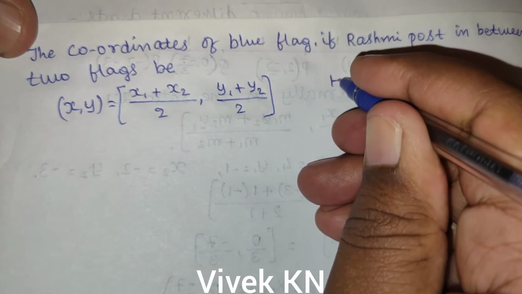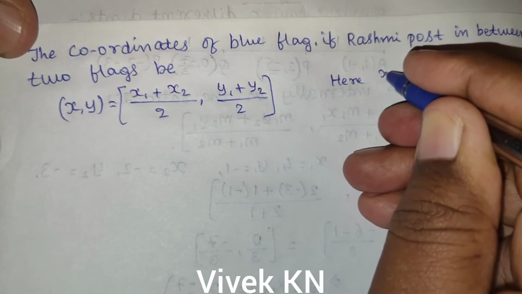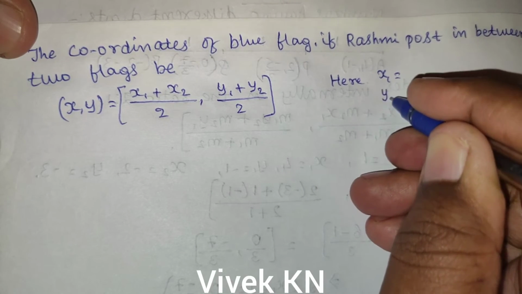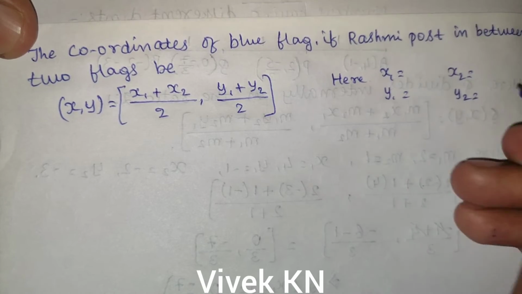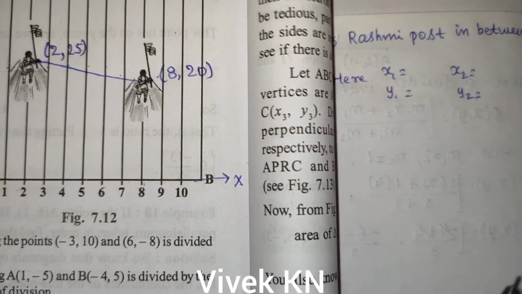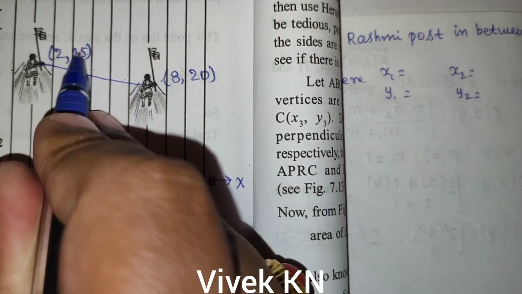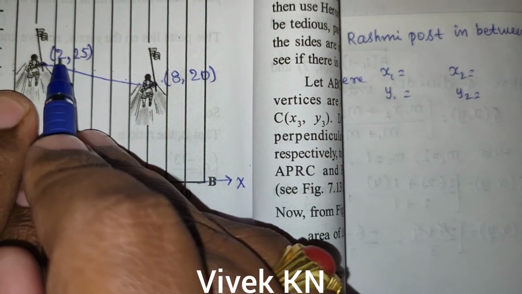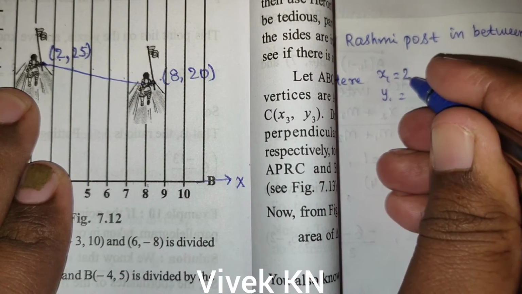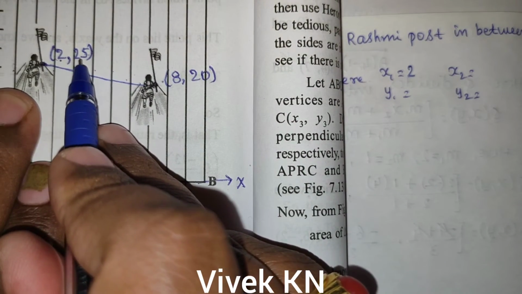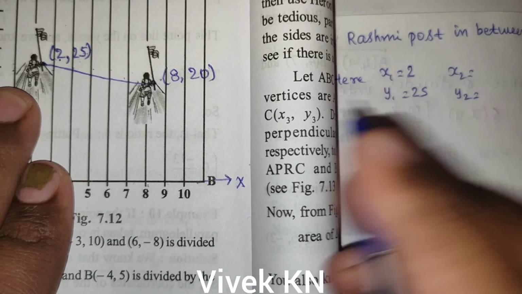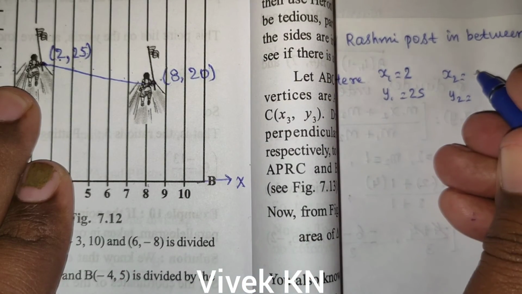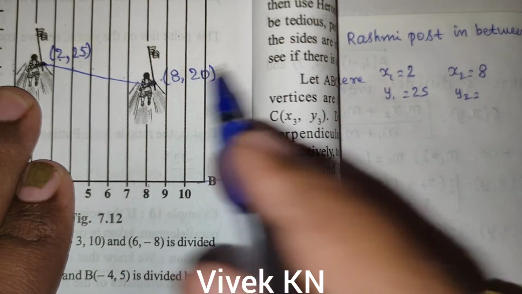Here x1, y1 and x2, y2 are: this is the x1, y1, that is the value of x1 is 2 and the value of y1 is 25, and the value of x2 is 8, the value of y2 is 20.